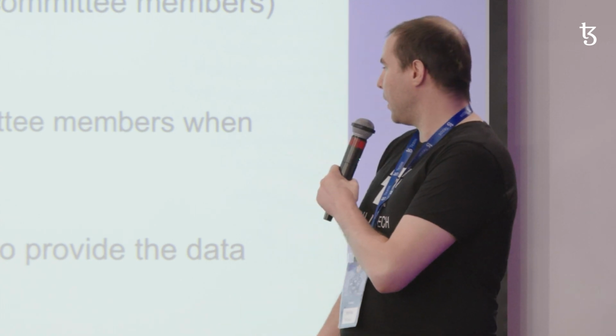They will just store this data offline, and they will provide it to smart rollups when necessary. And as Arthur mentioned before, you don't necessarily need all the Data Availability Committee members to be honest to provide the data. You just need one to make the data accessible from the rollup.